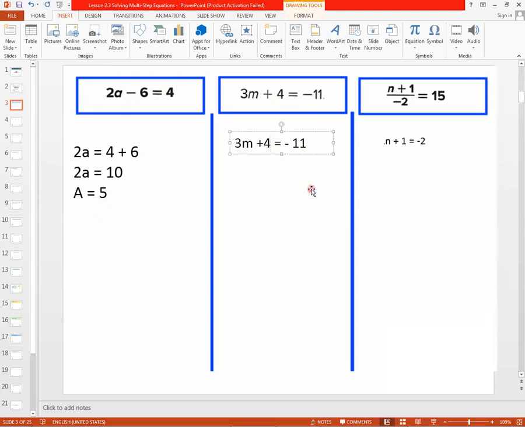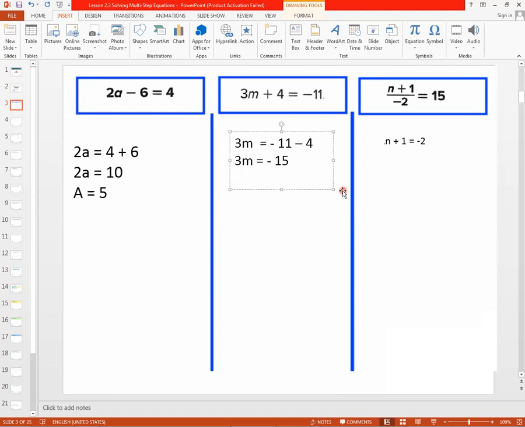Okay, removing positive 4 from the left-hand side, send it to the right-hand side, it will be negative 4. And now we have 3m equals negative 15. Sorry, negative 15, yes, because negative 11 minus 4 is negative 15.